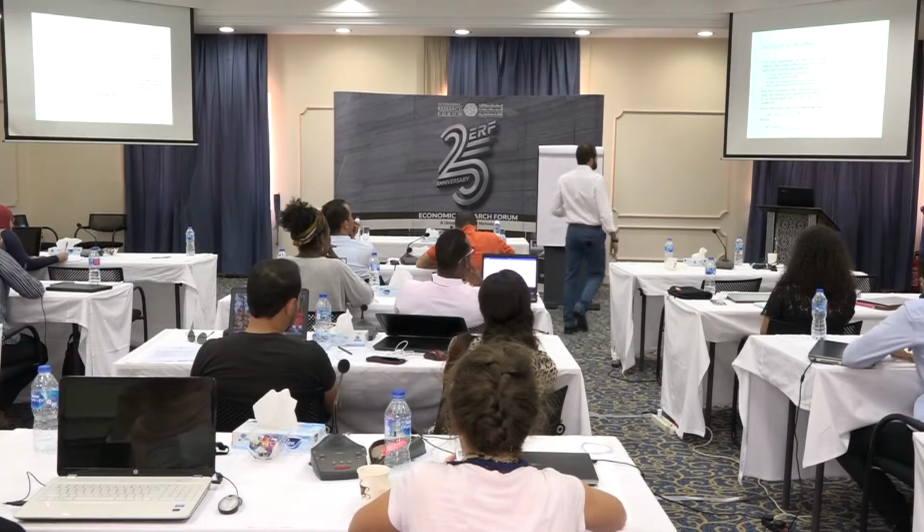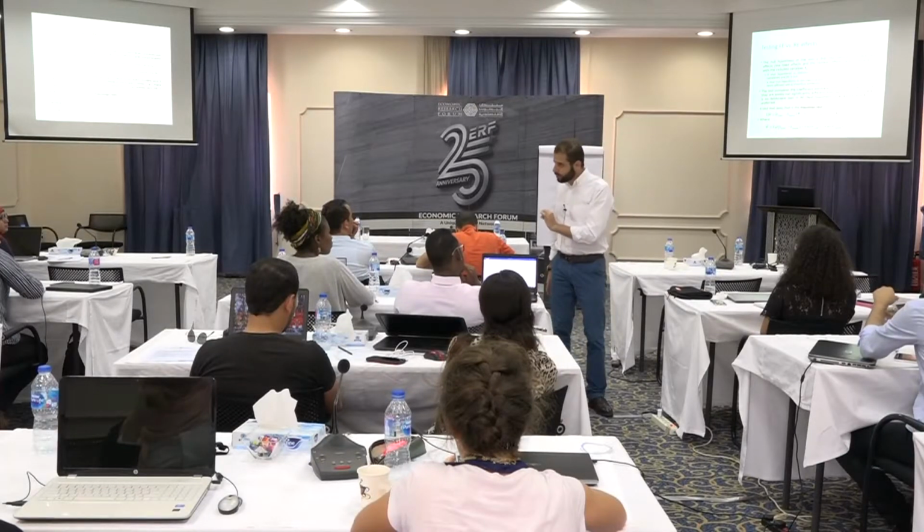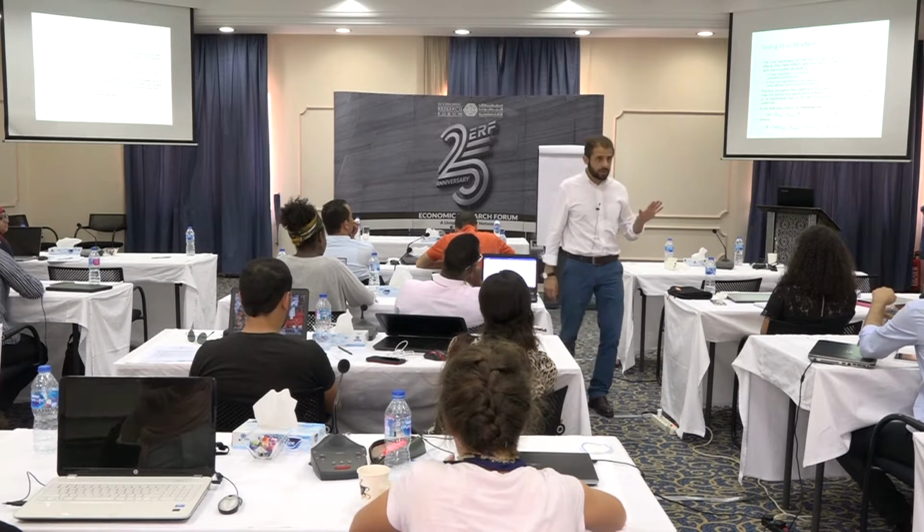If the null hypothesis is not rejected, both models are consistent. So it's not a matter of consistency, but which model is more efficient. If I do not reject this hypothesis, this means that my individual dimension is not correlated to the explanatory variables because I did not reject the H0.